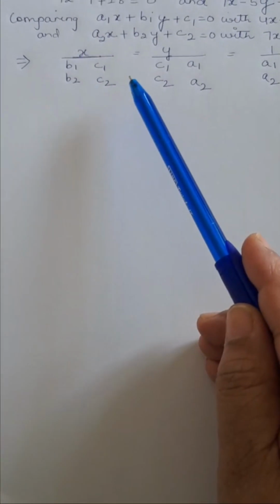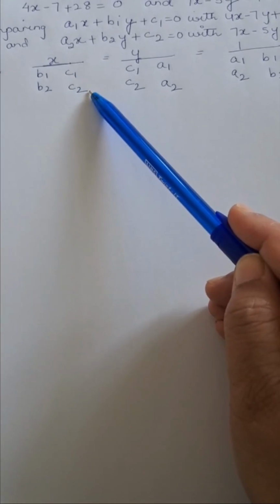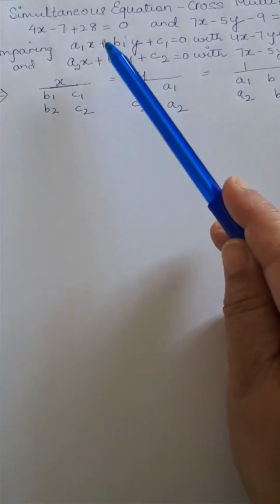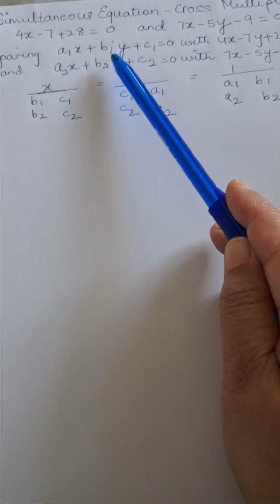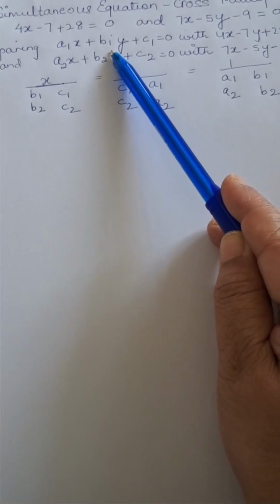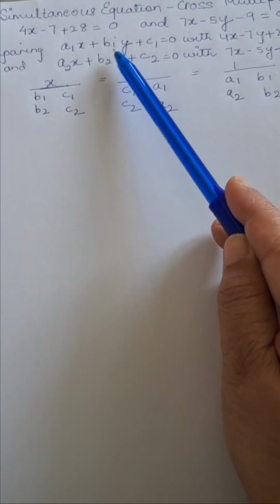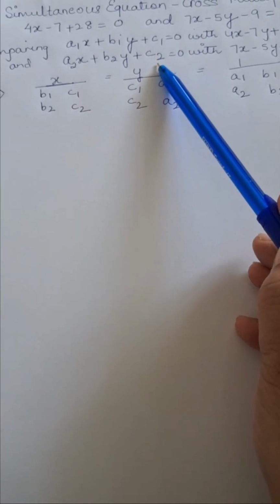Now the first step is x by b1 b2 by c1 c2. What does this mean? x is the variable and under it the denominator will come from the next variable's coefficients, that is b1 b2 by c1 c2.